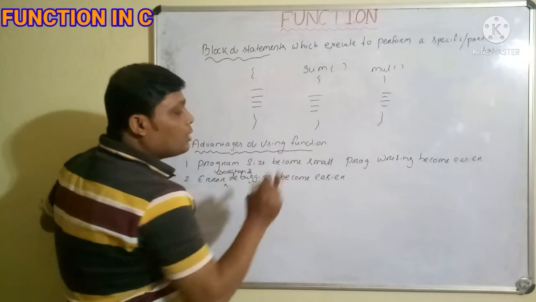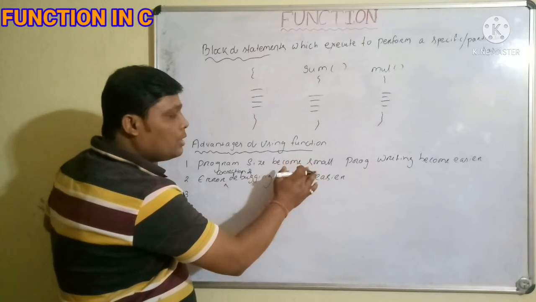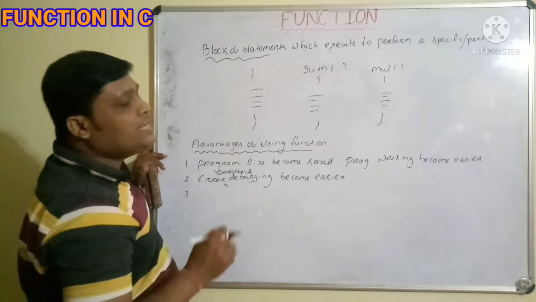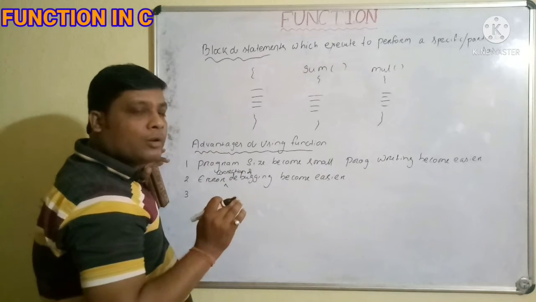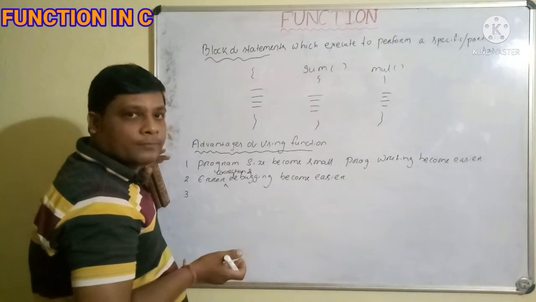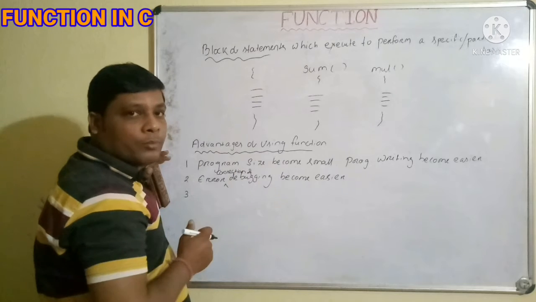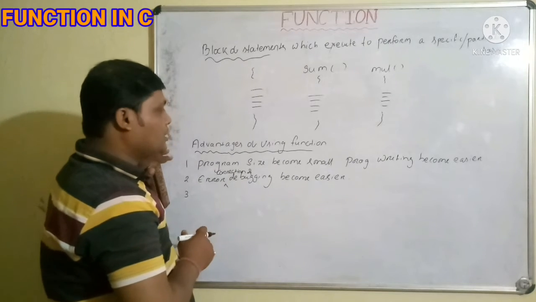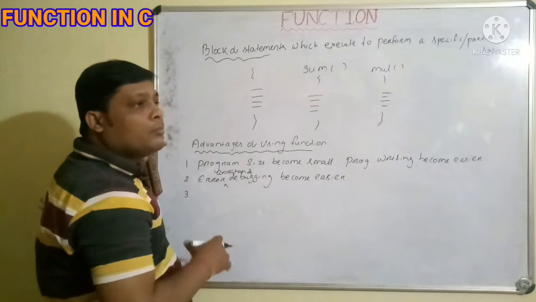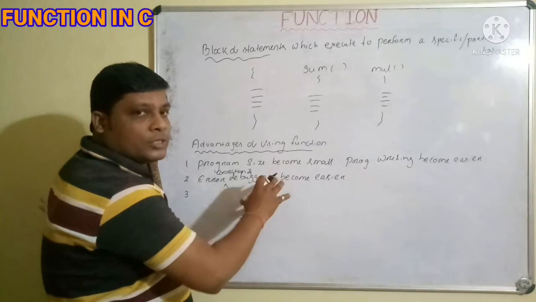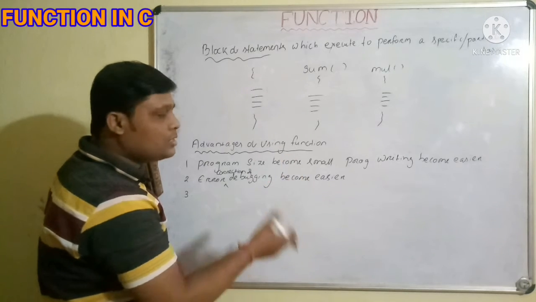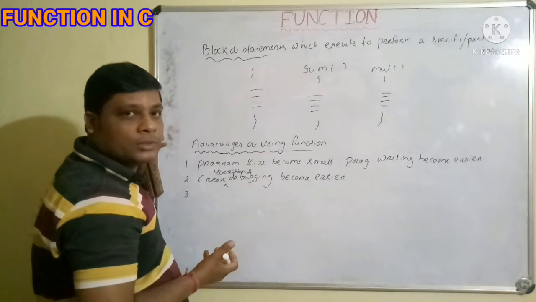Just see. Program size becomes small. How does program size become small using function? You know, C is a procedure oriented programming language, or you can say it's a function oriented programming language. That means a large program is divided into small parts or procedures, or you may call them functions.